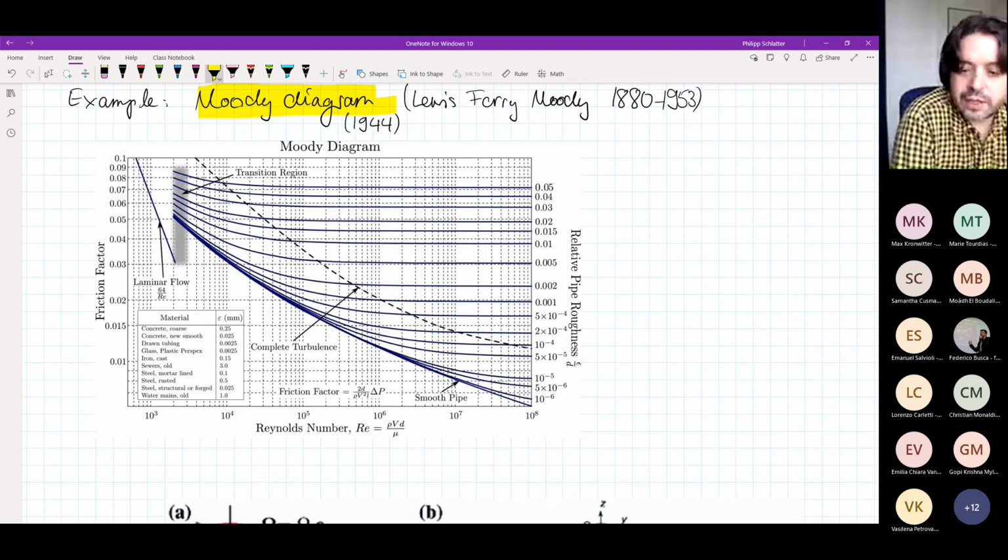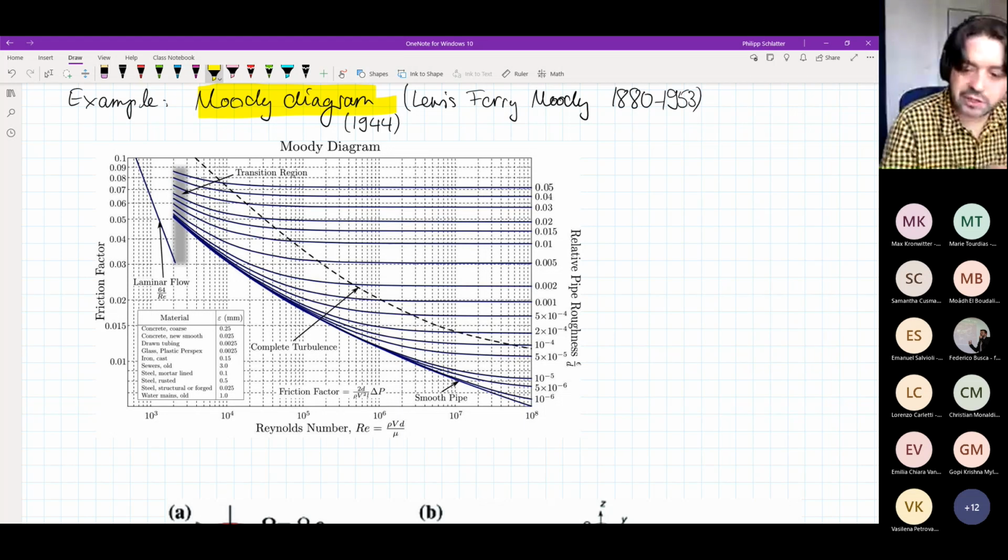Much of the data actually came from Johann Nikuradse from Germany, who did a lot of pipe flow experiments in various conditions during the 1920s or so, together with Ludwig Prandtl in Göttingen. So most of the data in this plot, ironically enough, came from the Germans, from Nikuradse at the time.